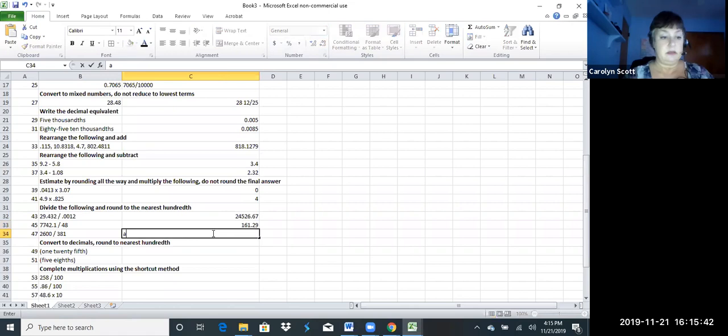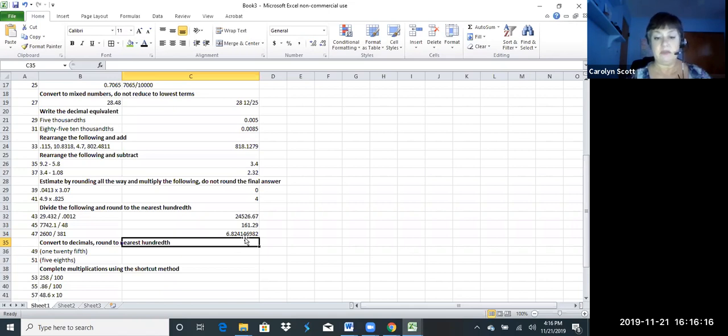So next we have 2600 divided by 381. And we have a lot of zeros, a lot of here. So 2 is less than 5, so this 8 remains the same. This 8 is more than 5, so this 9 becomes a 10, which makes this 6 a 7. 7 is greater than 5, so it makes this 4 a 5.